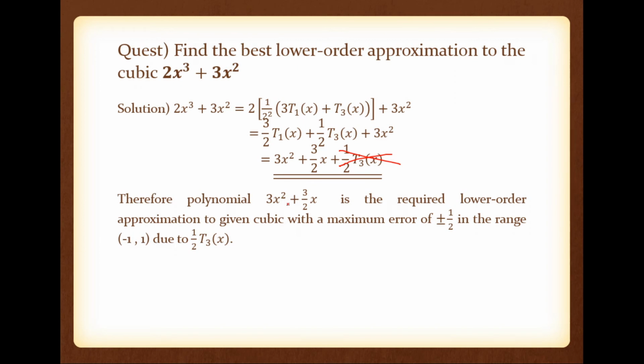So therefore, the best lower order representation of the given polynomial is 3x square plus 3 by 2x with a maximum error of plus or minus 1 by 2 in the range minus 1 comma plus 1. That is very important. In the range, this is square bracket, minus 1 comma plus 1. Okay.